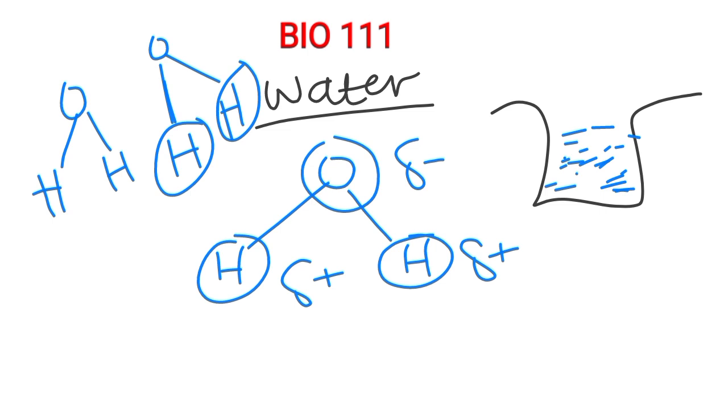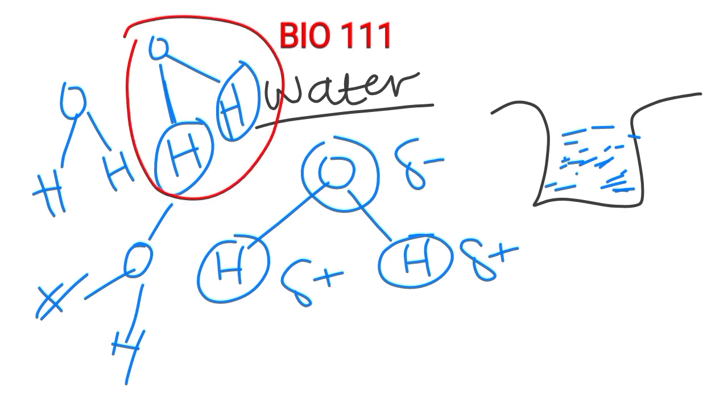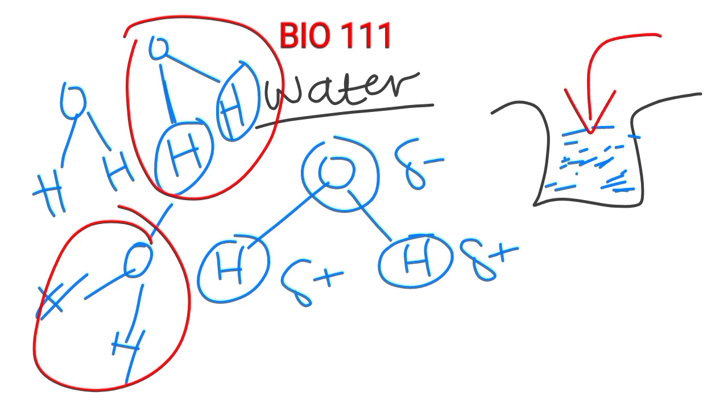So we have joined this water molecule with another water molecule, and we have introduced another force. If we combine one water molecule and another water molecule, we get water in a cup.